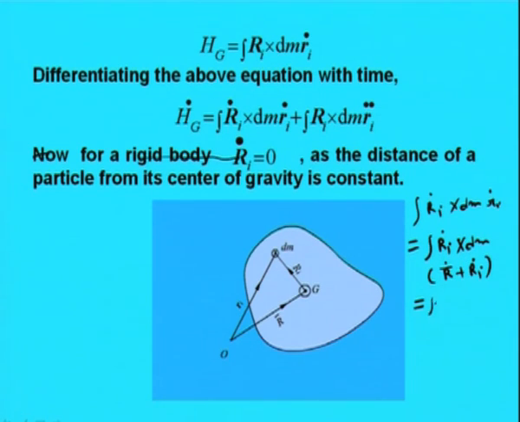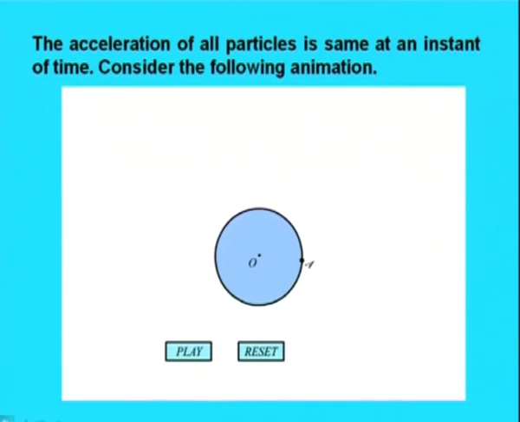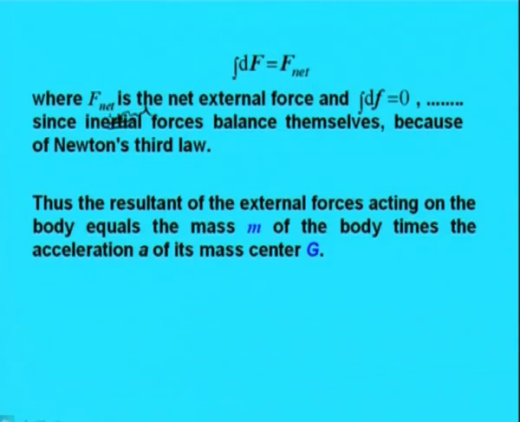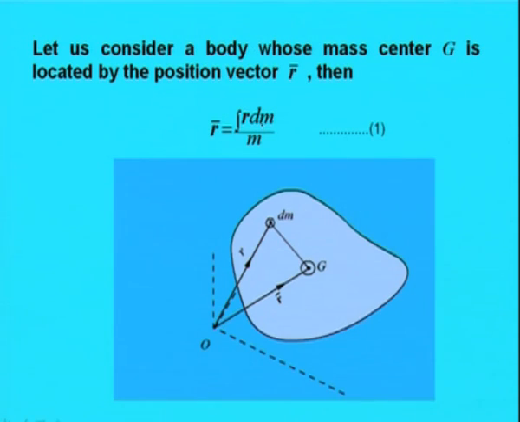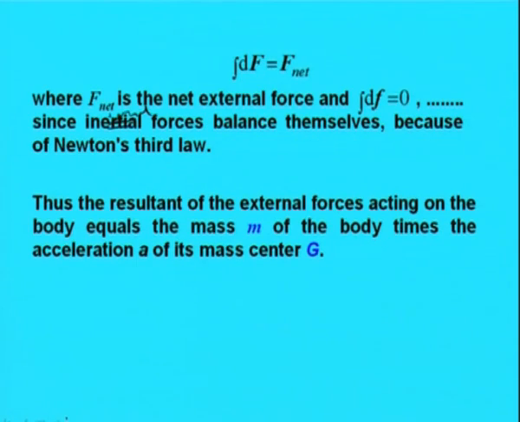So Ri dot dm can be taken out, because it is a scalar quantity. Then you are left with Ri dot cross dm and r bar dot, but this is 0 because of equation number 1, where it was shown that the integral of Ri dm is 0. If you differentiate this, obviously it will come out to be 0. So that way it can be shown.